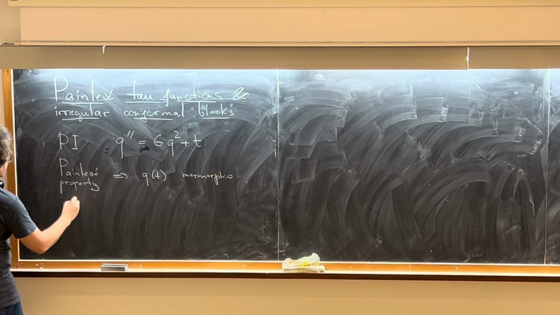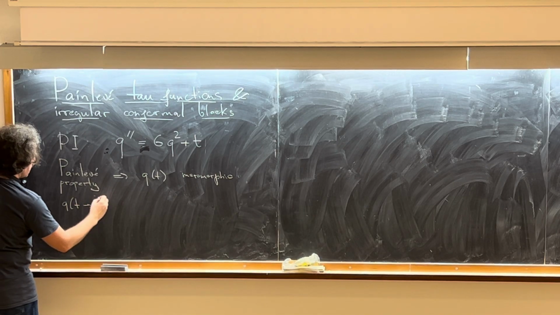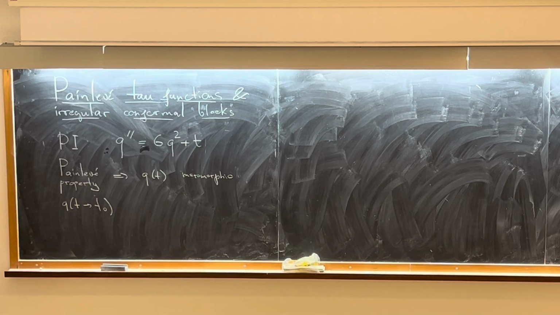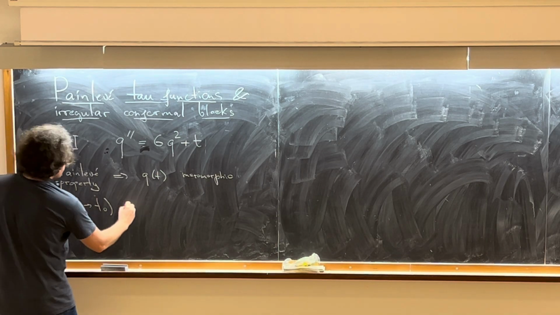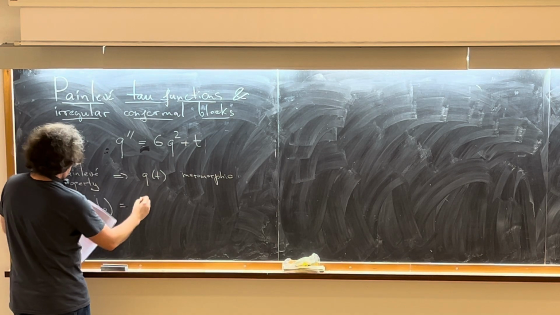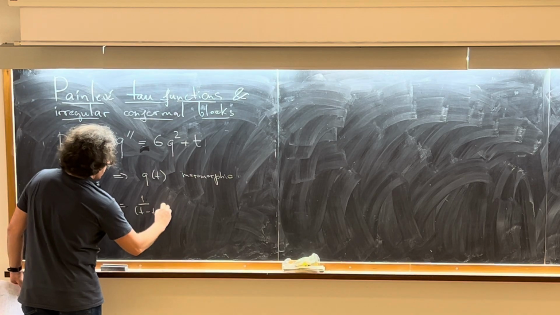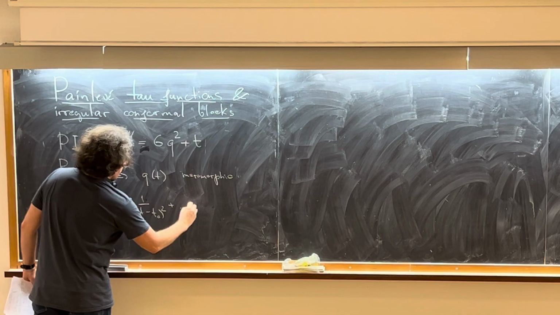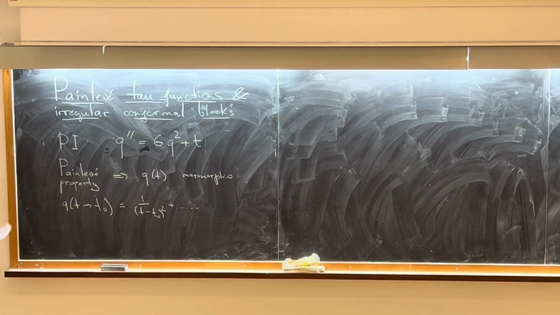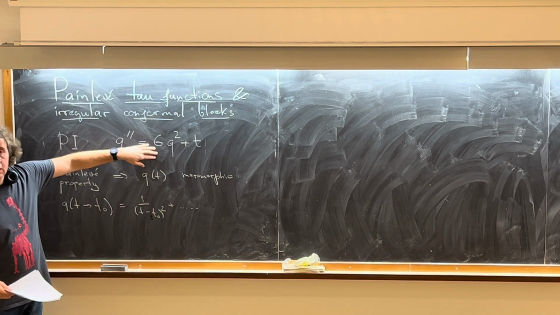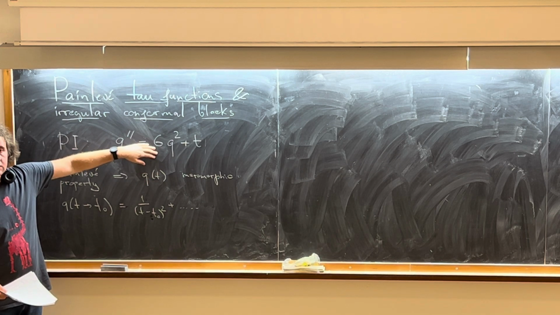So you have something like this: as t goes to the position of such a movable pole, you have something like 1 over (t minus t naught) squared plus some other terms. t naught you can think of as being one of the integration constants for the equation.